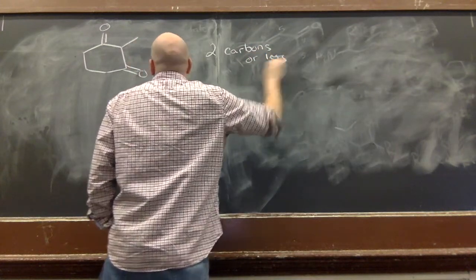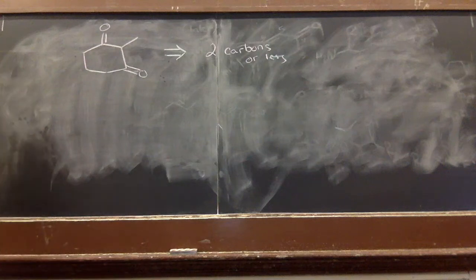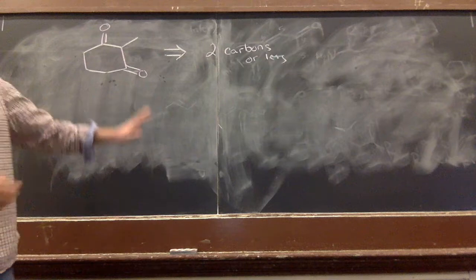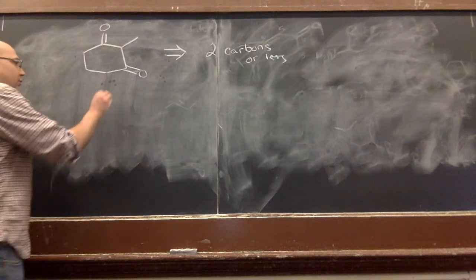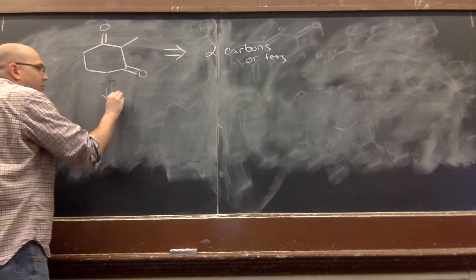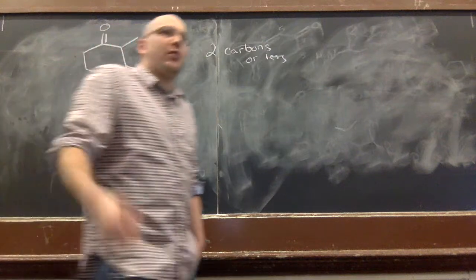So let's break this down retrosynthetically to come up with a synthetic strategy in which we can make this. The units can come from 2 carbons or 1 carbon, but let's really try to break it down. For a question that's 2 carbons or less, one of the first questions you may want to ask is how many carbons are in this molecule.